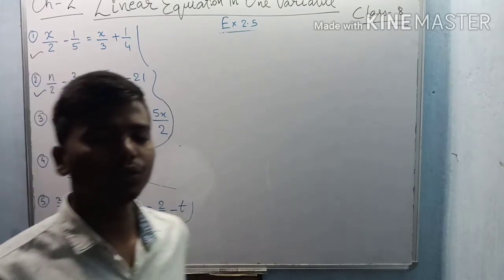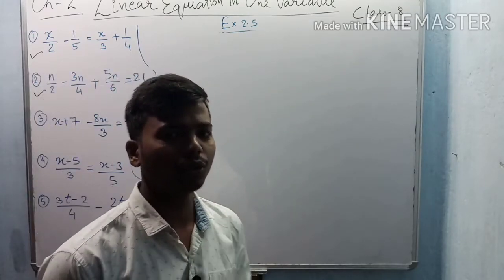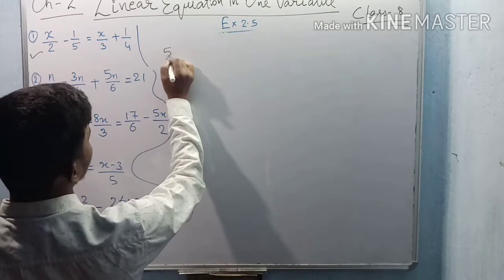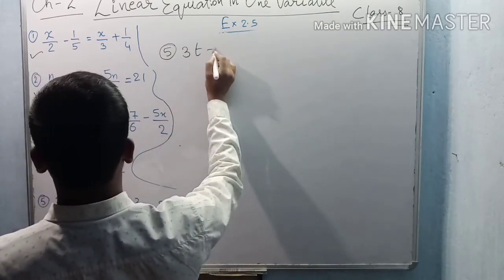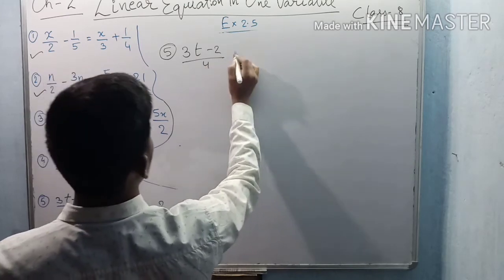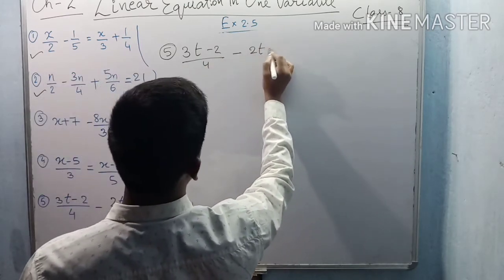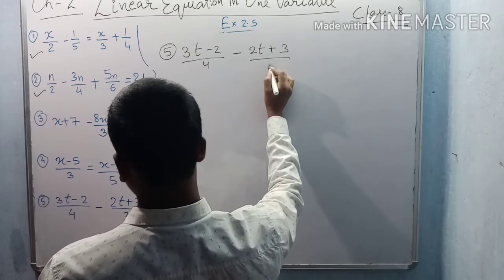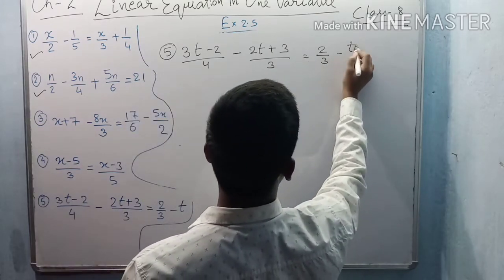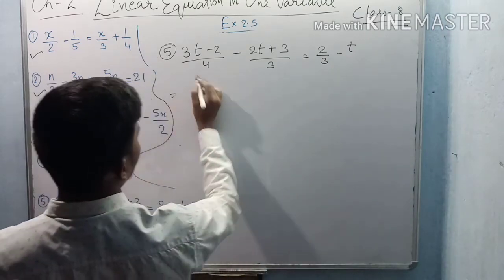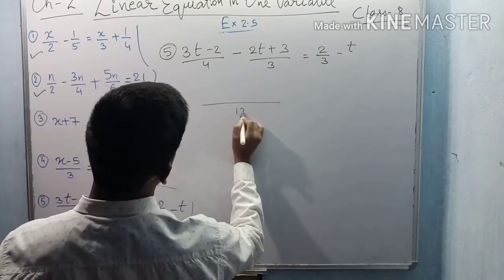So let's move to the fifth question of exercise 2.3. What is the fifth question saying? The fifth question is (3t minus 2) by 4 minus (2t plus 3) divided by 3 equals 2 by 3 minus t. We'll take the LCM. 4 threes are 12.